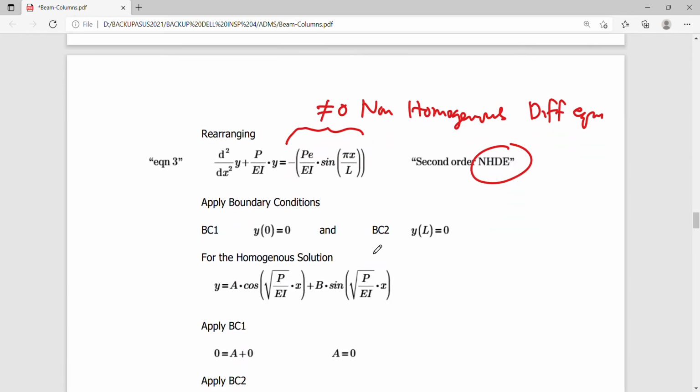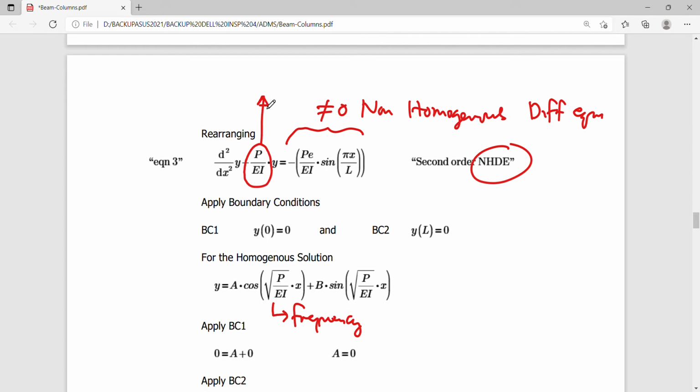And we know that the homogeneous solution is a simple cosine or sine function, wherein the frequency of the angle x is defined by the coefficient of this.